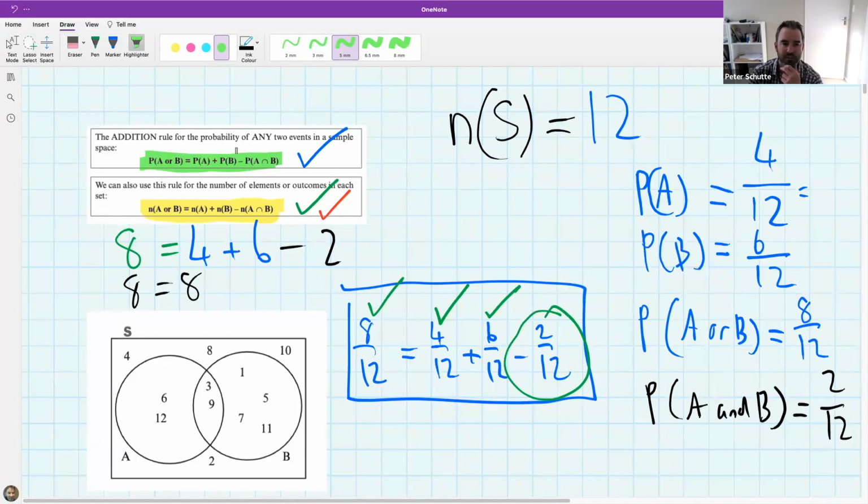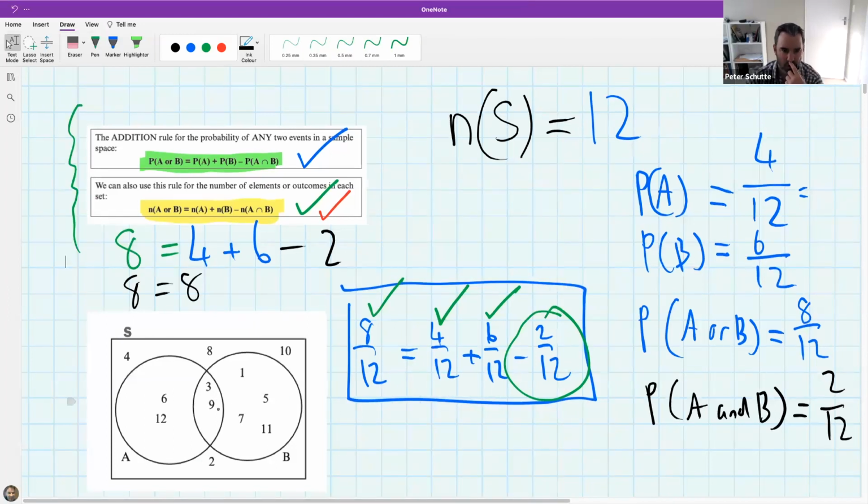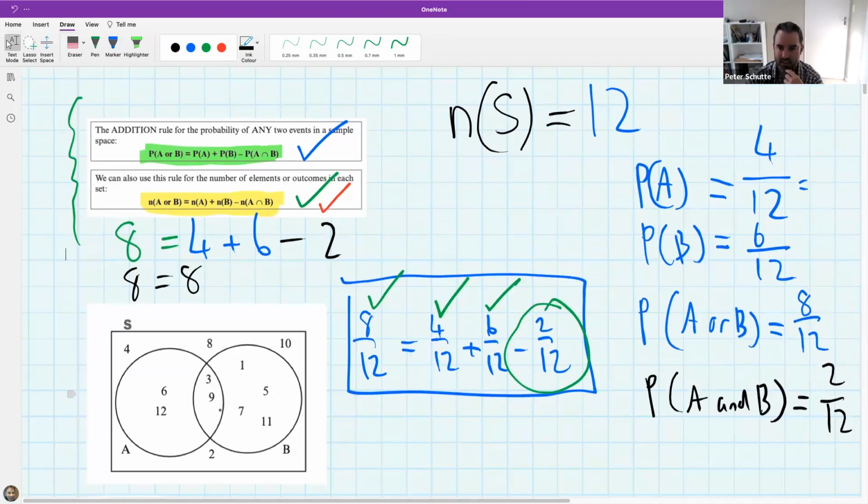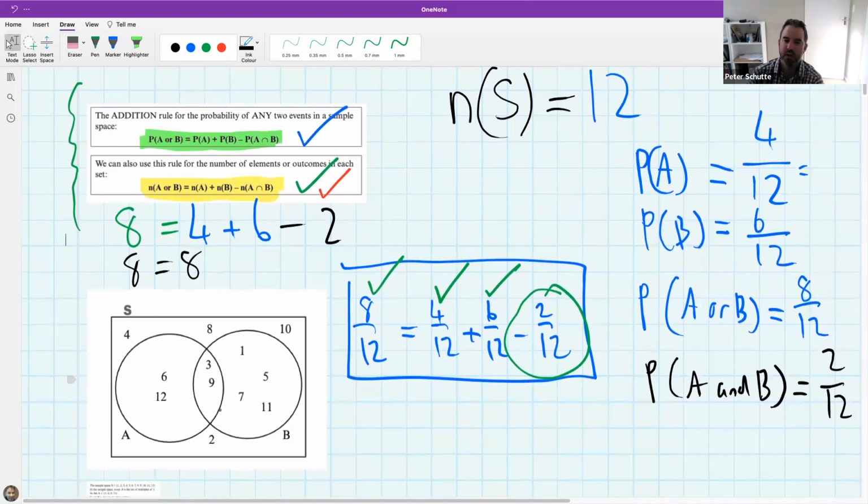Now, what you're going to find is that these identities are going to come up a lot. If you are confused, you can always rewatch these bits, but I promise you there's so much knowledge sitting in this little section here. One more question before I move on. If I say to you, what is the probability of B dash?